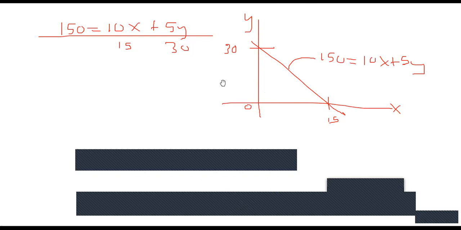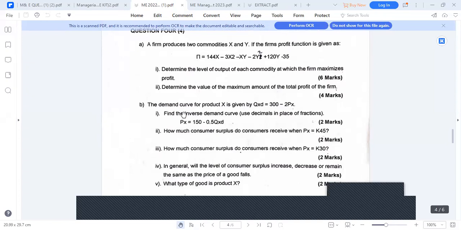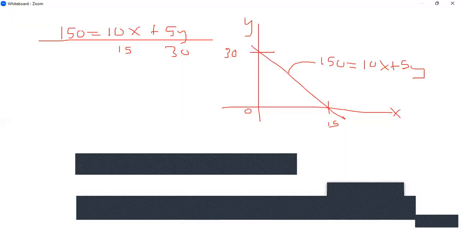So now this takes us to question number 5b. We're given the demand function. Now, demand and inverse, you need to understand one thing. We're given demand as Q is equal to 10 minus 0.5P. This is the direct demand.